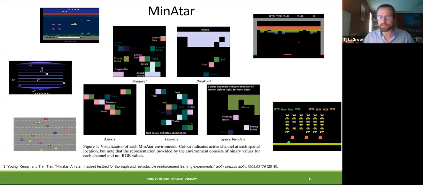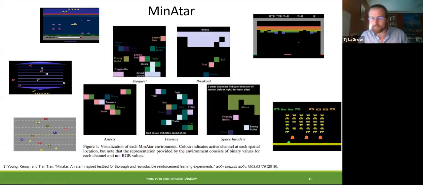This significantly reduces the cost, and I tried to give picture examples of what the games actually look like, just so you can see where they're trying to represent the different states. Seaquest is a game I don't think I've played in a very long time, but the others, such as Freeway, Asterix, Space Invaders and Breakout, are all contextualized in a way that is able to utilize this 10 by 10 space.